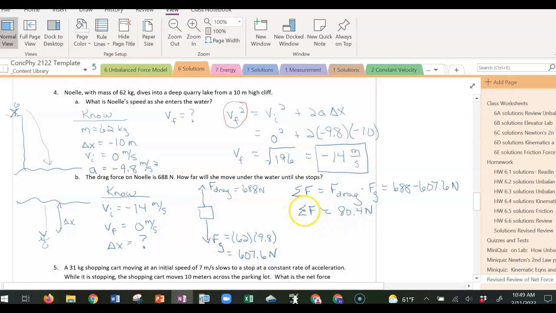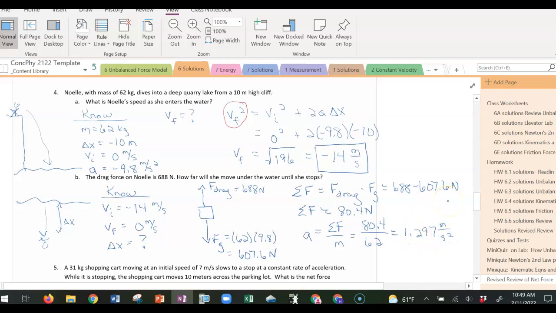With that net force, I can find the acceleration, because that is the net force divided by her mass, which was 62. Okay, so her acceleration is 1.297.